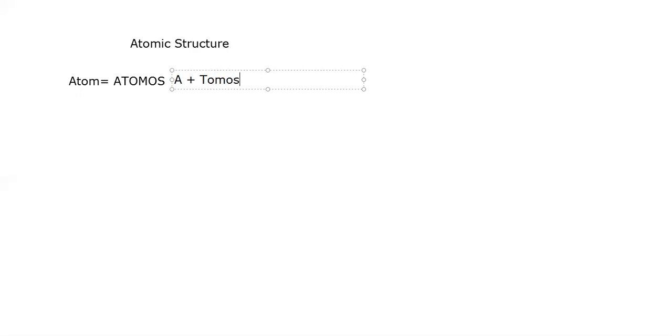Atomos. So what is the meaning of a and what's the meaning of tomos? This is not the letter of English. Basically, in Greek language and in old scientific language, a is the indication of not or without.